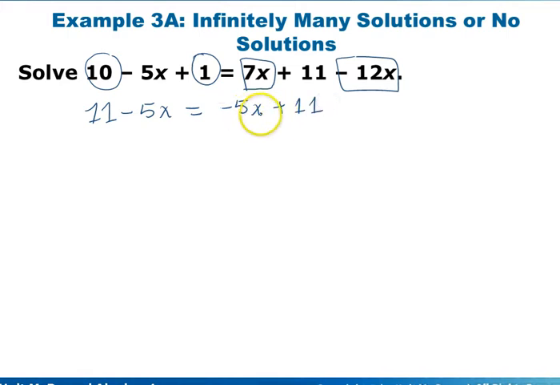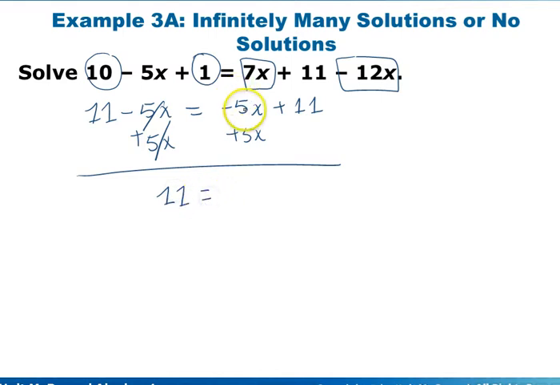Alright, so now we can go ahead and move things around. So when I go ahead and move the 5x, if you look, these are inverse. So if I have negative 5 plus 5, that's 0. So x cancels, and I end up with 11. And over here we have negative 5 plus 5, that's 0, and here we have 11.